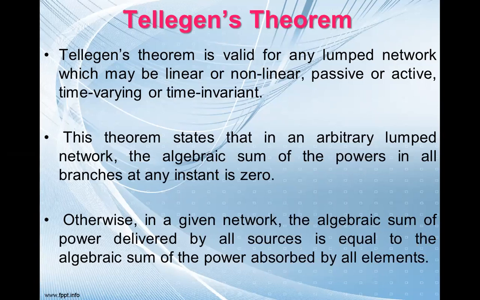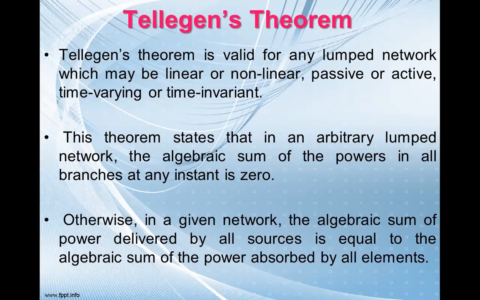But at any given point of time, the algebraic sum of the powers, meaning the power delivered and the power consumed, will be equal to 0. Is the statement of Tellegen's theorem clear? Yes, sir. Correct. We'll take some numerical examples, definitely.